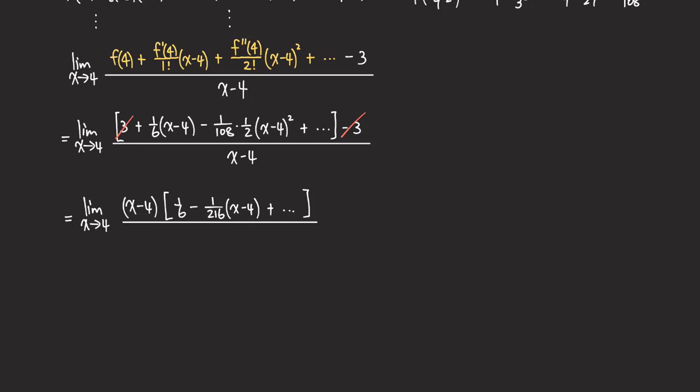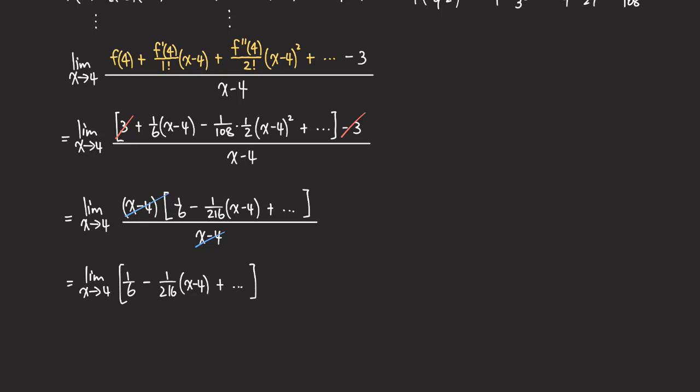You can already see what's going on here. We can cancel out the x minus 4, because x approaching 4 is really what's causing the indeterminate form. So now we have only the stuff inside the brackets. We have the limit as x approaches 4 of 1 over 6, minus 1 over 216 times x minus 4, plus all those terms with x minus 4 to a higher power.